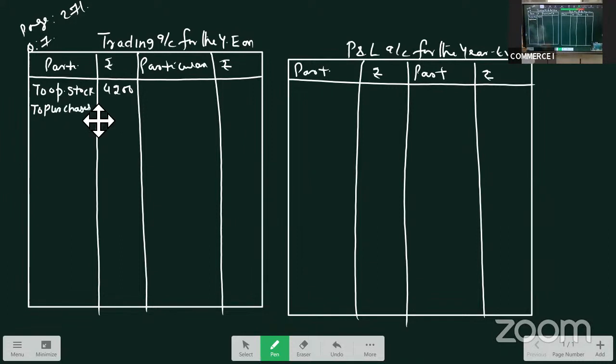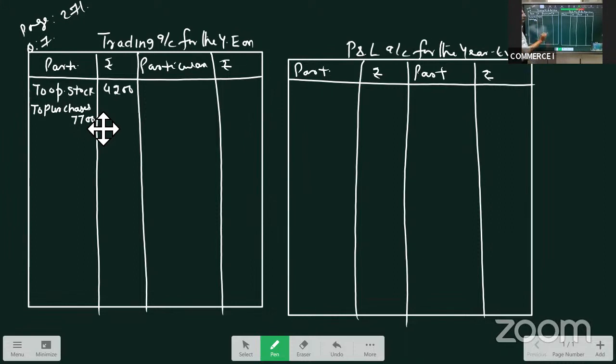The amount of purchases given is 7,700. I am writing the amount in the inner column because we may have purchase returns, and purchases are taken as net figure: purchases minus purchase returns, sales minus sales returns. So purchases 7,700 I have taken on the debit side in the inner column.